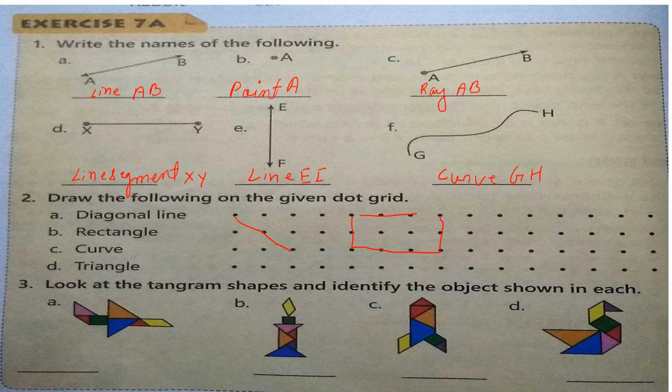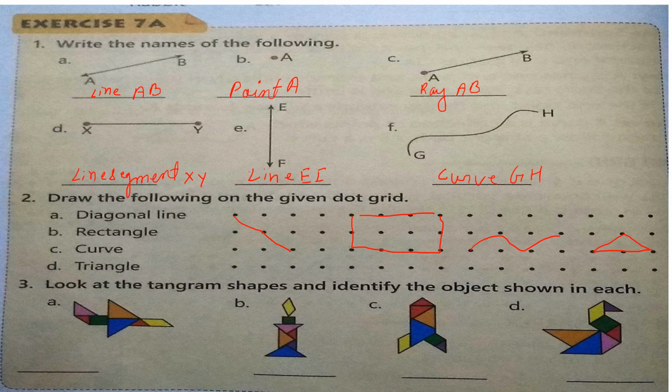Then curve. So this is a curve. And now triangle. Done. In this way we can draw these types of figures on the dot grid.